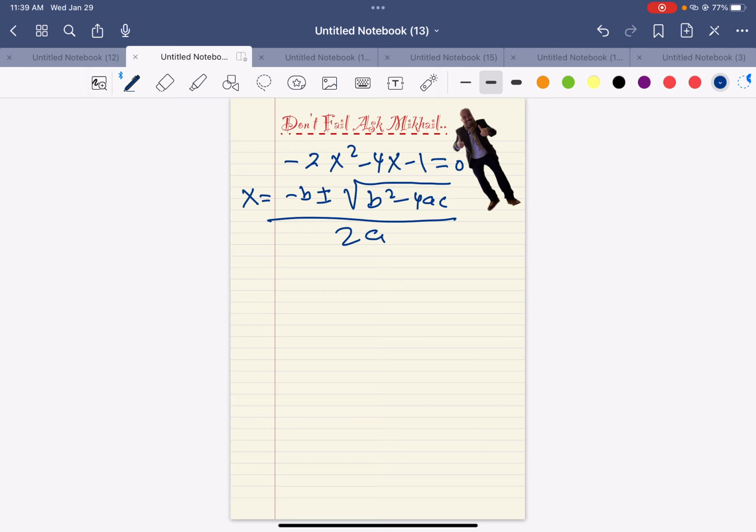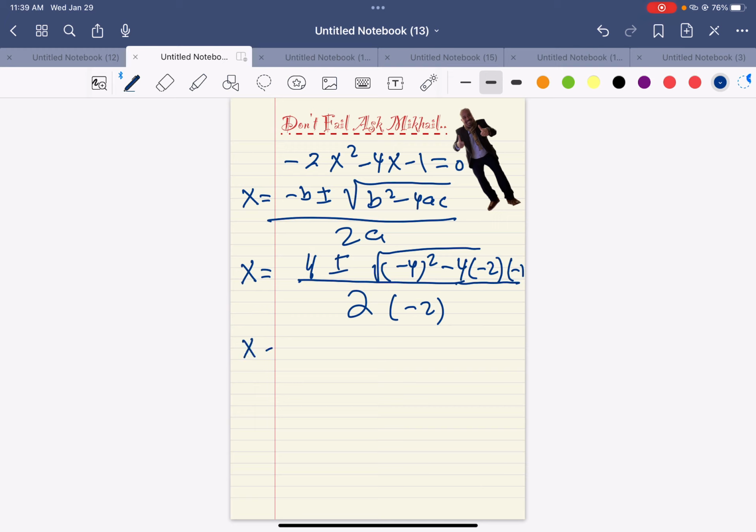So x will equal negative b, the opposite sign of b, which is 4, plus or minus the square root of negative 4 squared minus 4 times a times c, divided by 2 times a.